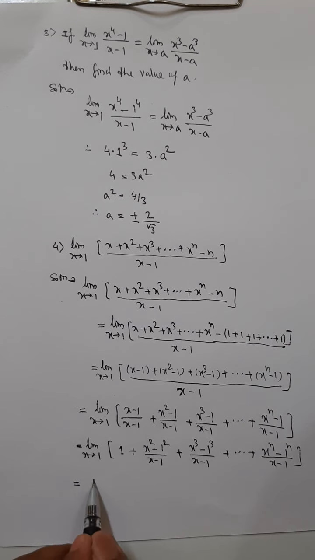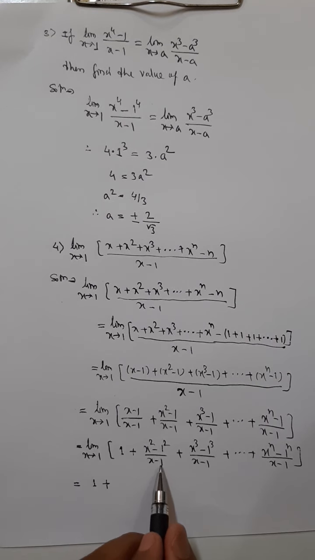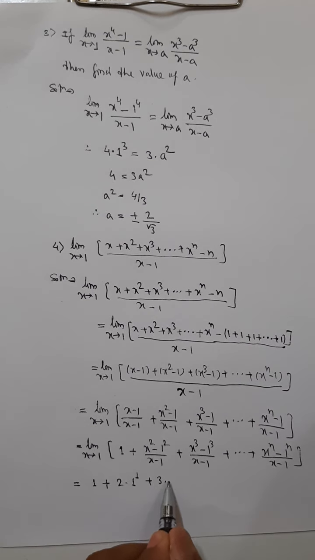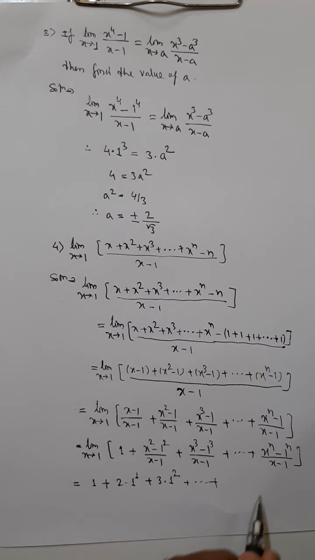The limit of 1 is 1. For the second term, the index is 2, and subtracting 1 from the index gives 2 minus 1 is 1. For the third term, multiply by the index 3 and subtract 1, 3 minus 1 is 2. Continuing, for the last term the index is n, and we subtract 1 from n.